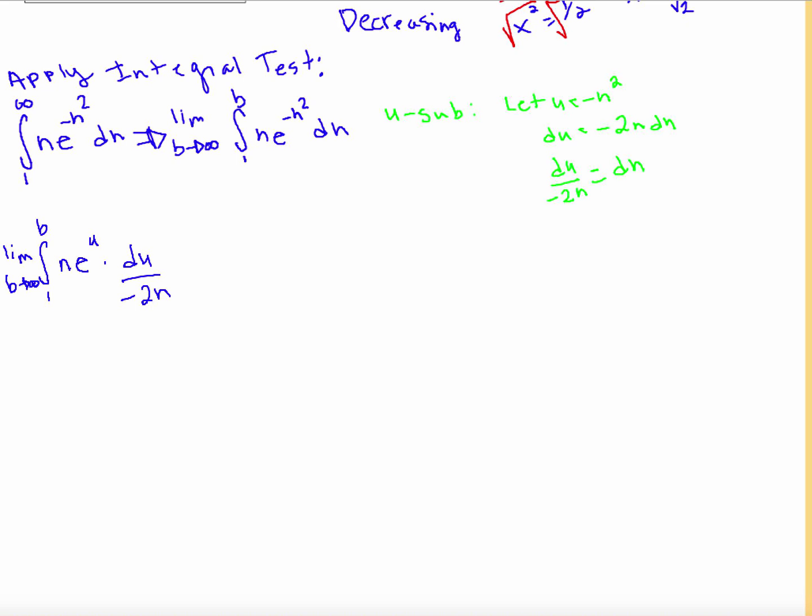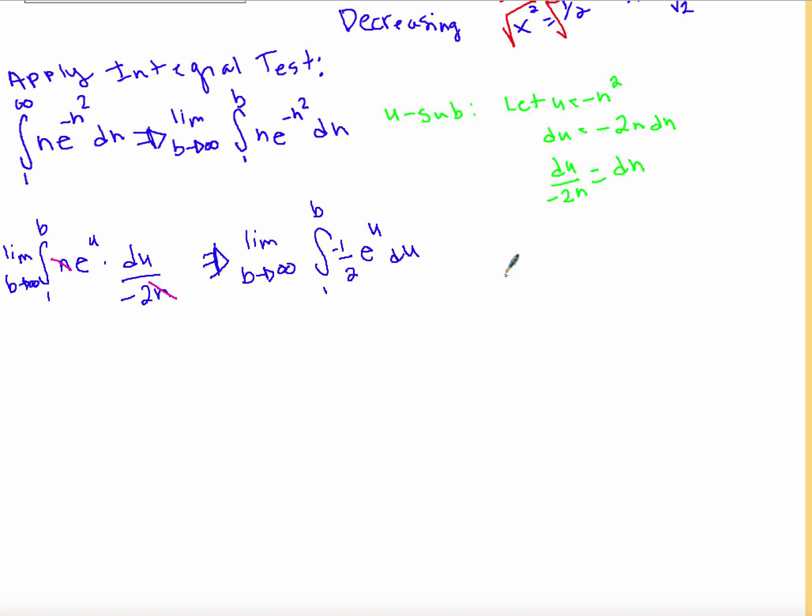And you can see here that these n's divide and make 1, so they're out of there. So let's rewrite what we do have now because it looks a little sloppy. I have the limit as b goes to infinity of the integral from 1 to b of, this is dividing by negative 2, that's the same as multiplying by negative 1/2, e to the u du.